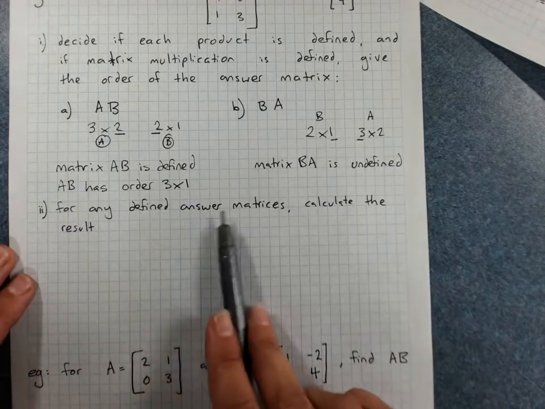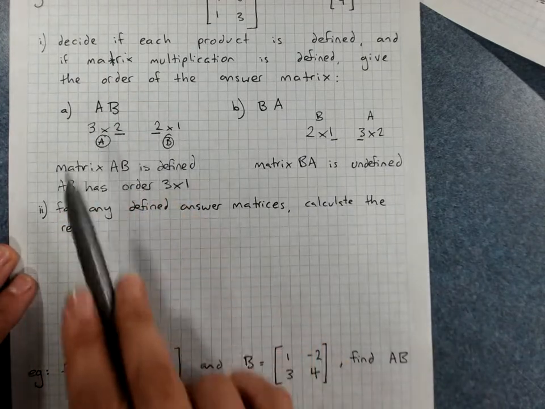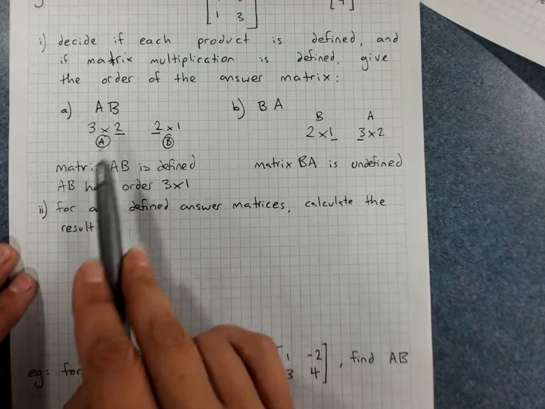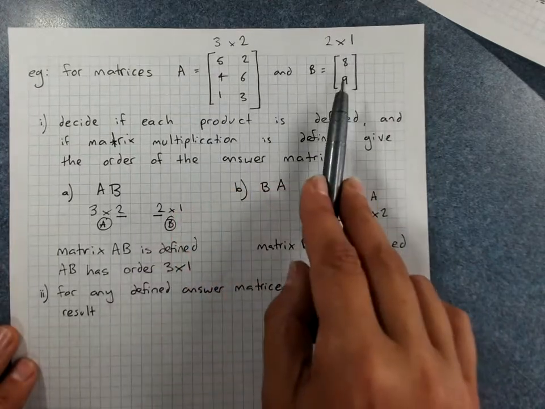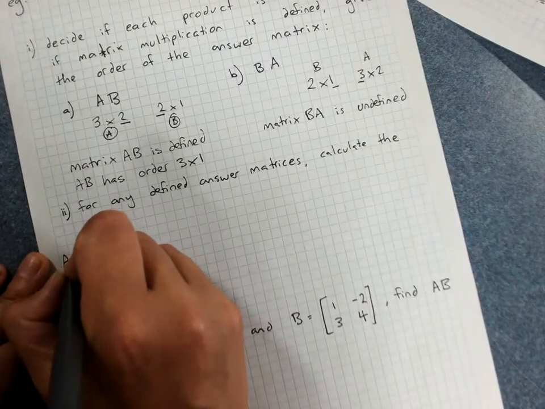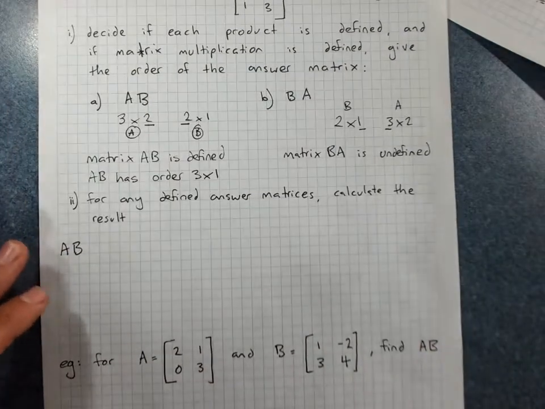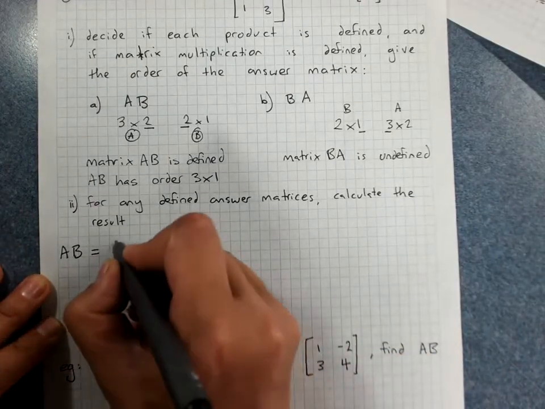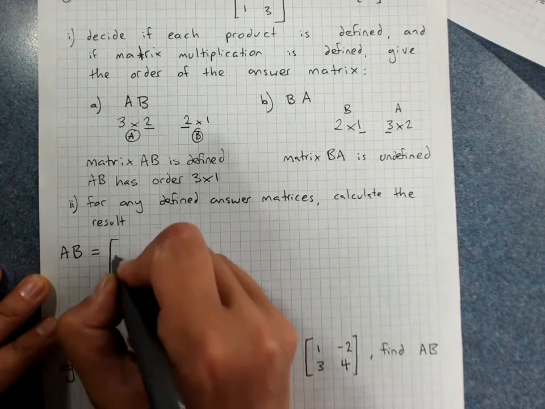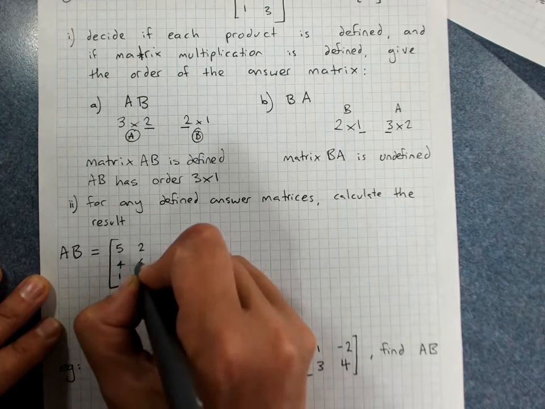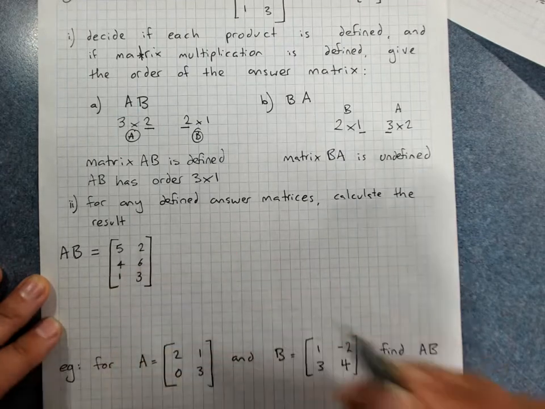For any defined answer matrices, so AB, calculate the result. They would like me to find the answer to multiplying A by B. How you set this out really has a lot to do with how successful you would be. Rewrite your matrices that you're going to multiply together.